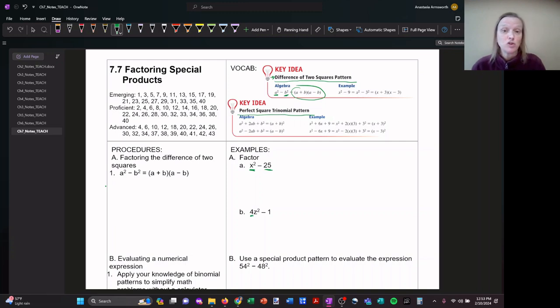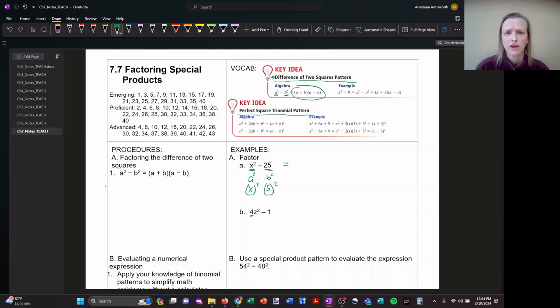Here, my a squared value is x squared, and my b squared value is 5 squared. So you need to take the square root of the first term and the square root of the last term.